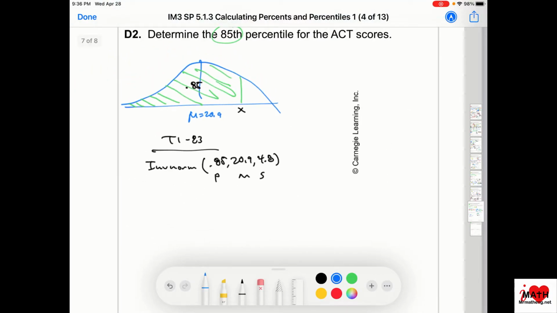If we were using Desmos, we're basically just going to have the inverse CDF of 0.85, but above it we're going to have 20.9 and 4.8. Okay, let's use our technology to figure that out.